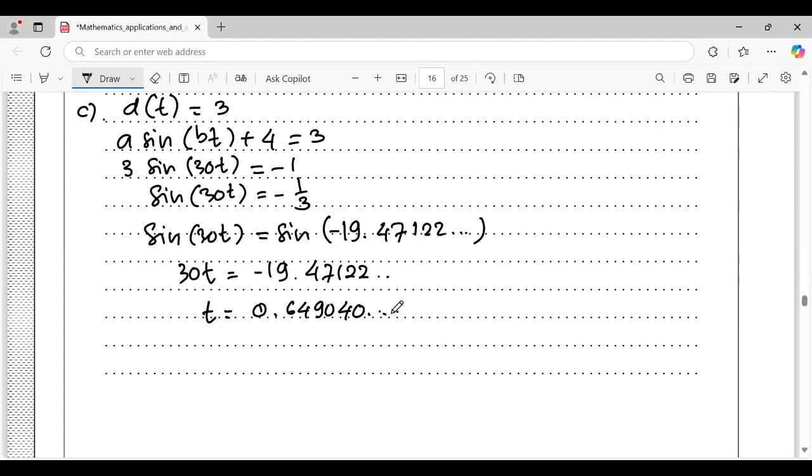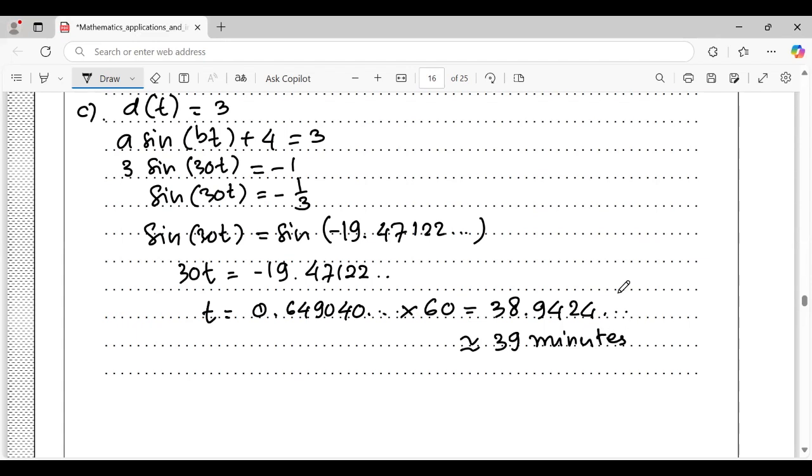Now we are going to convert into minutes. We multiply by 60, and the result is 38.9424, which rounds to 39. So 39 minutes.